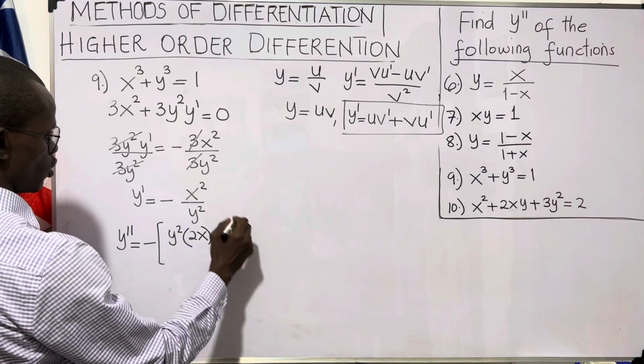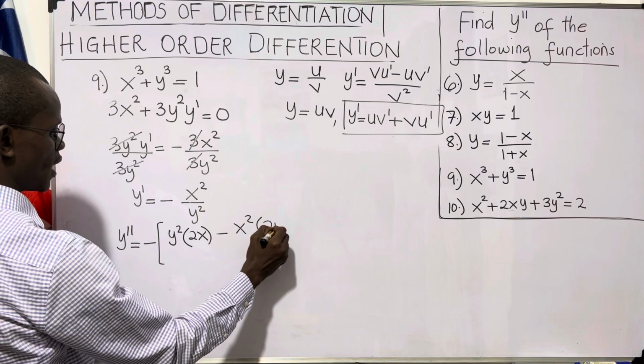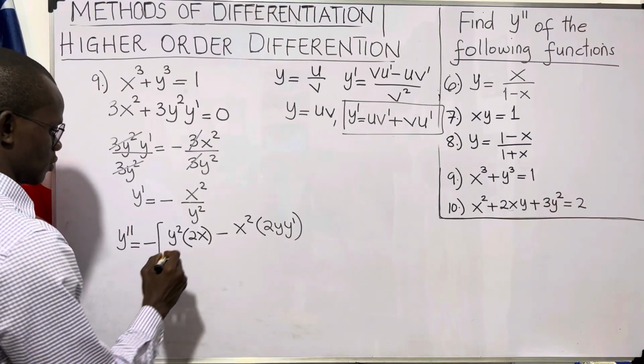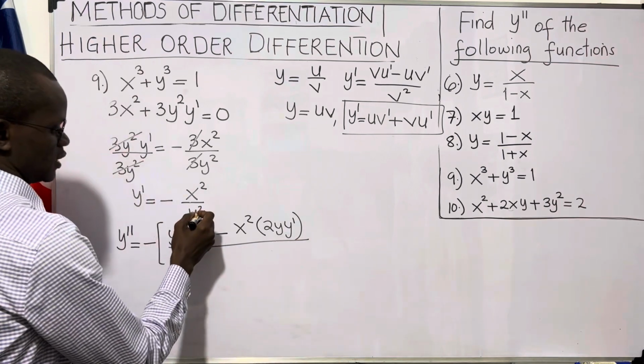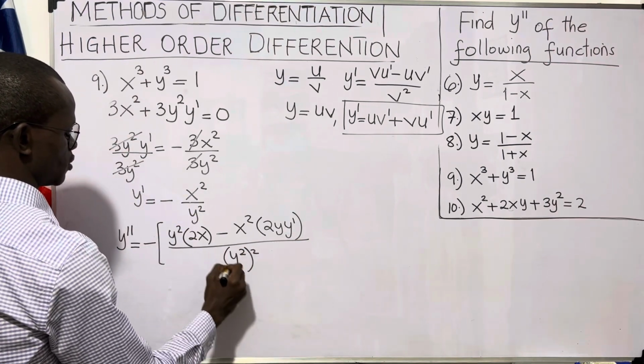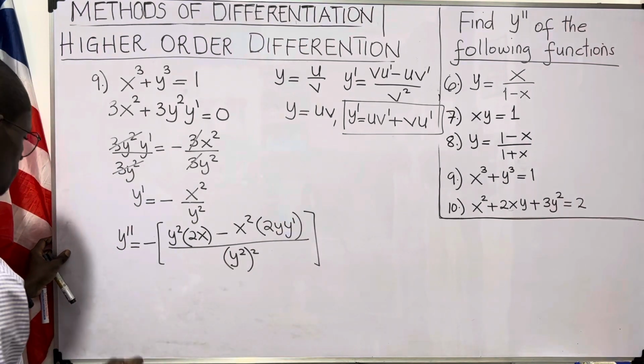Minus, we hold x squared and differentiate the denominator, which is 2y. Then we attach y prime because it's the name of the function. All divided by this denominator, all squared. That's the rule.